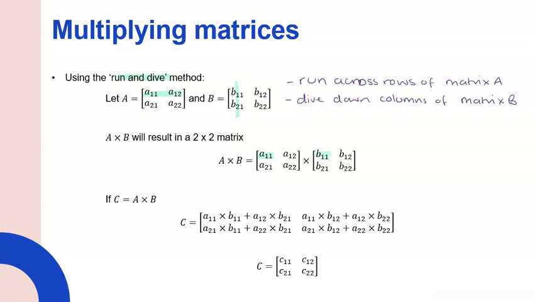And then we would continue on and add that to moving across the row. So A, row 1, column 2, with B moving down the column, row 2, column 1. And you can see that calculation written out here in that first element.